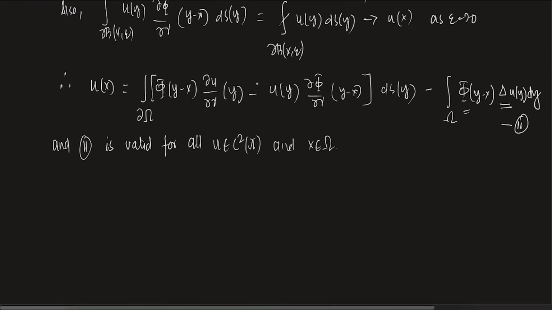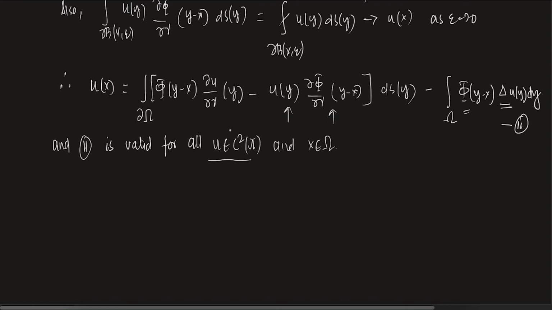This holds for any u in C2. So what I'm going to do is write it down here. If I put it there, you see this Laplacian of u is f, so replace it by f. Phi we already know, so we can calculate this. Let's look here. u on the boundary we know, it is g, and del phi del gamma on the boundary we can calculate, because we know what phi is.